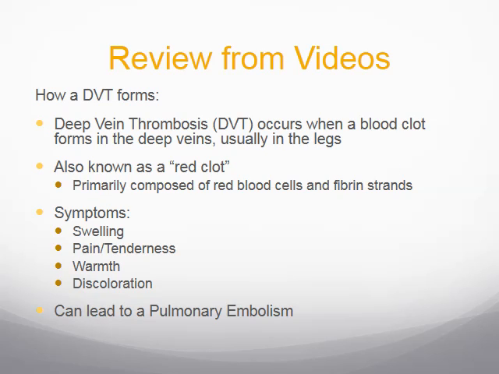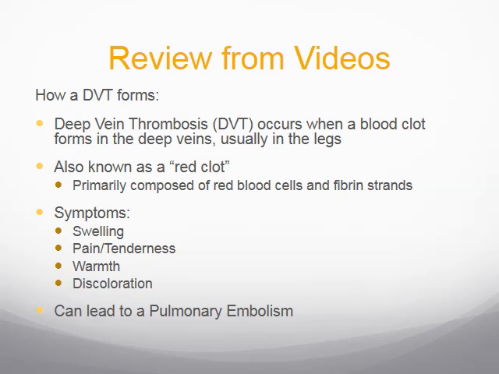So, as seen in the videos, a DVT forms when a blood clot forms in the deep veins of the body. These deep veins are usually in the legs, and a DVT is also known as a red clot.